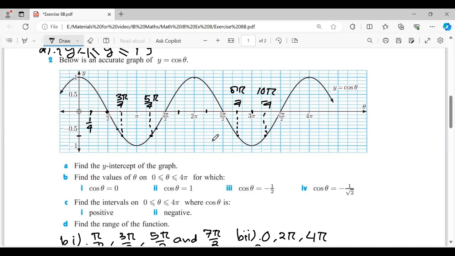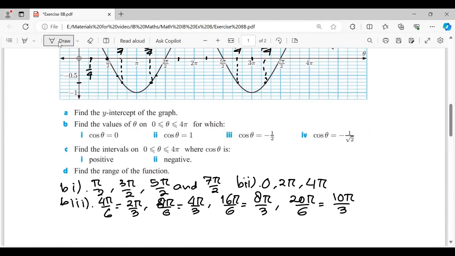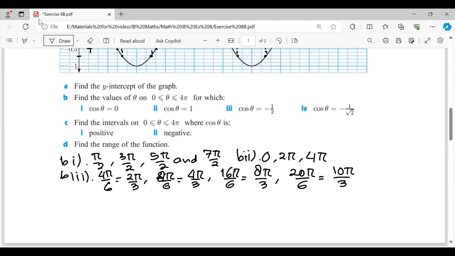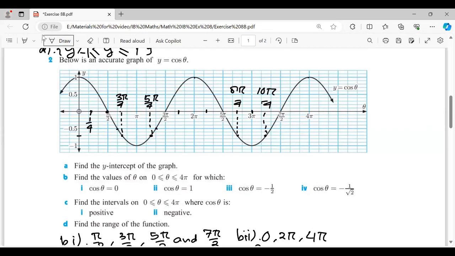And so the solutions for part 4 are 3 pi. Wait, I'm going to check 3 pi. 1, 2, 3, 4, 5, 6, 7, 8, 9, 10, 11.